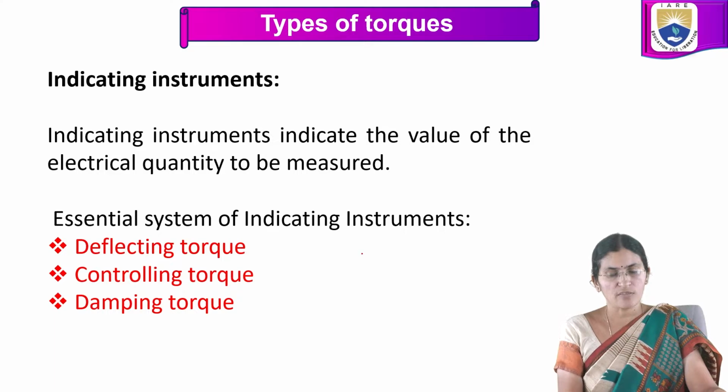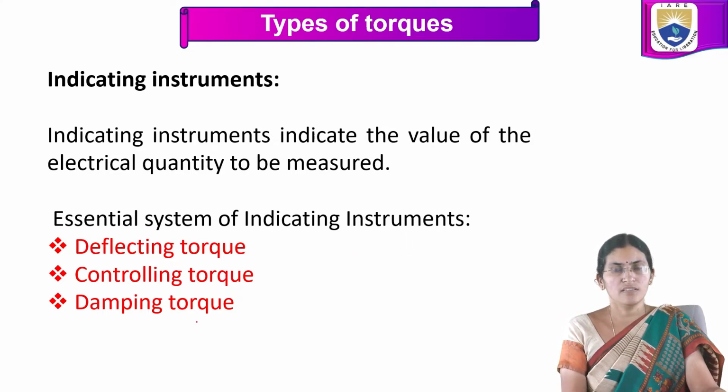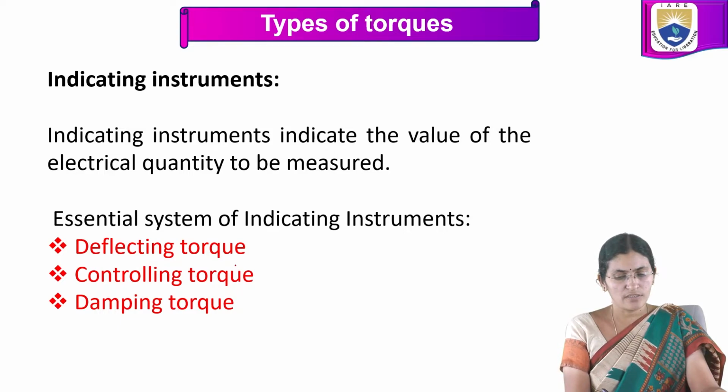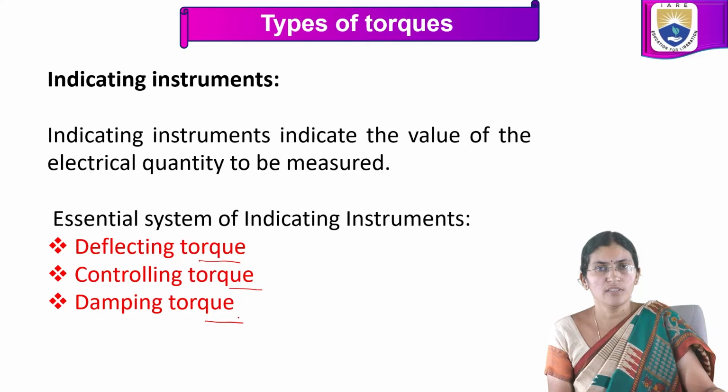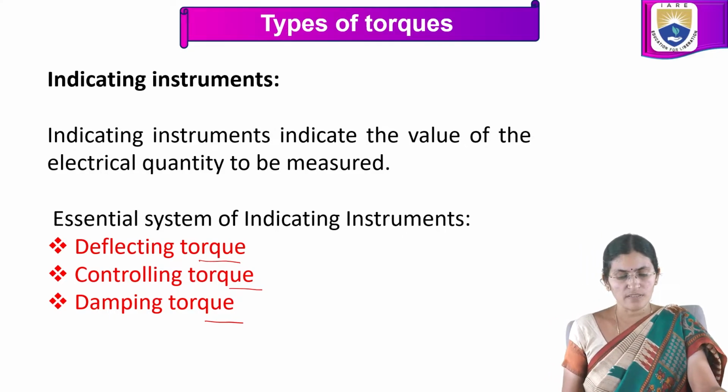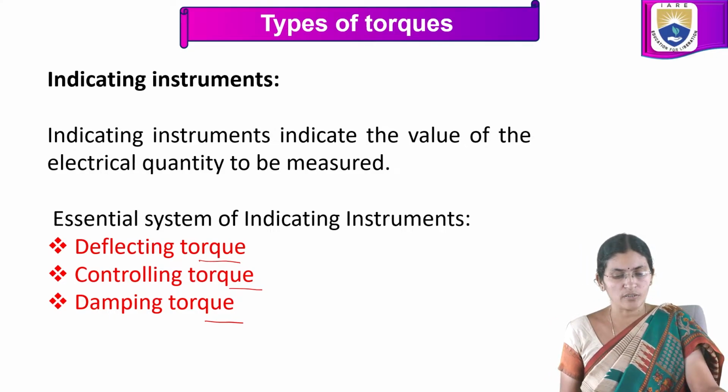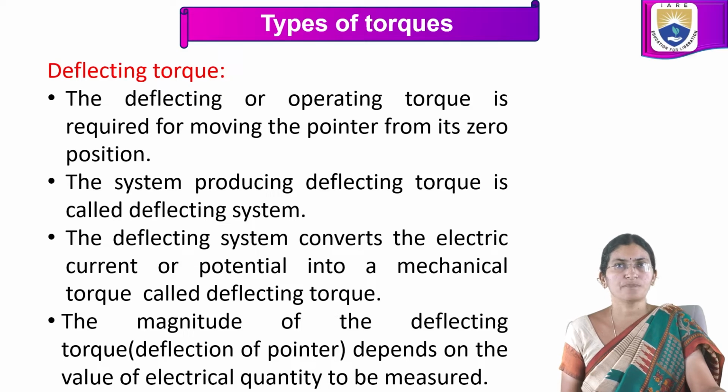So these are the three essential torques which are essential for indicating instruments. First is deflecting torque, then controlling torque, and the last one is damping torque. Let us see one by one what is deflecting torque, what is controlling torque, and what is damping torque.